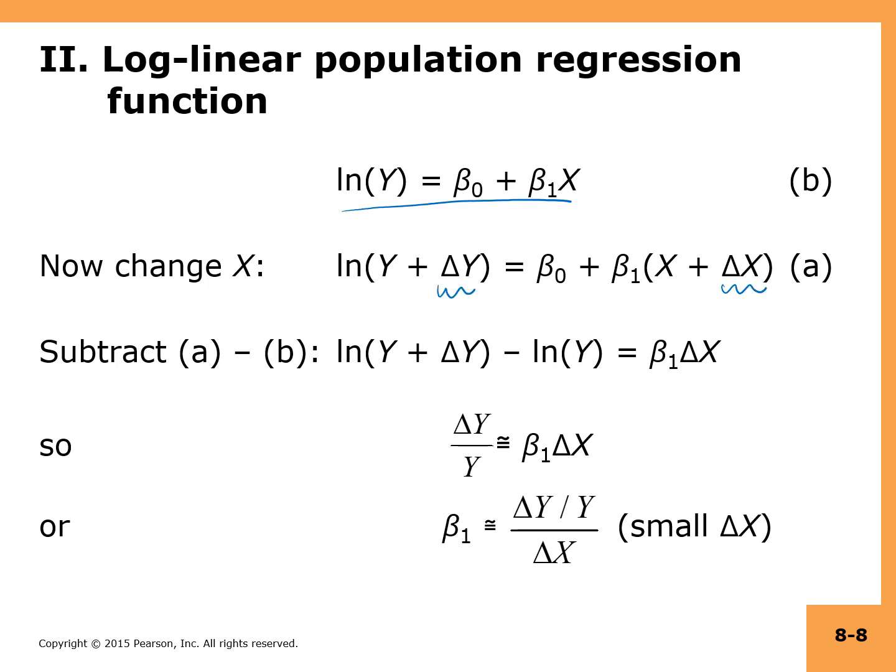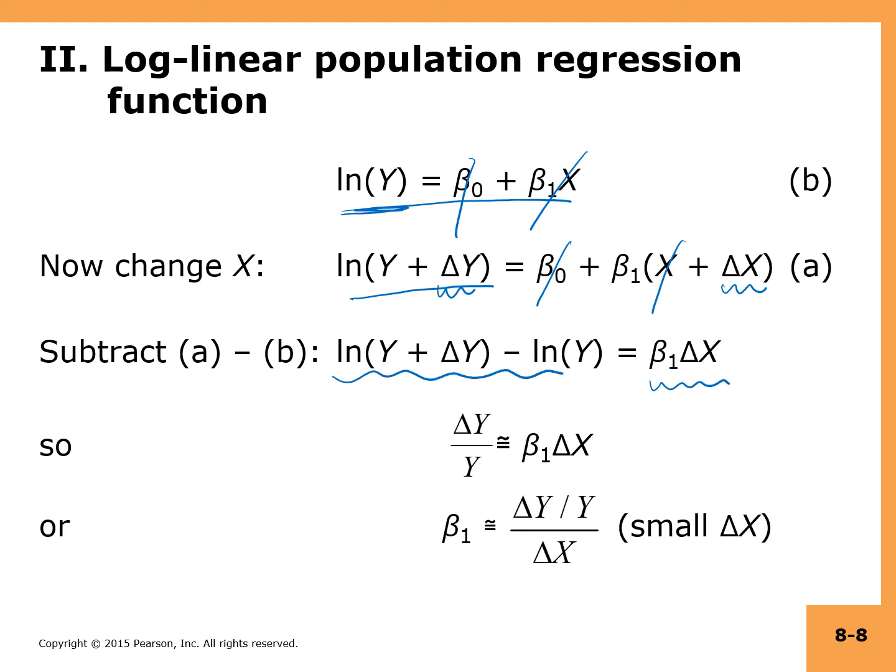As we've shown in the previous case, we subtract the basic model from the change model. On the left-hand side, this gives us log of y plus change in y minus log of y. On the right-hand side, beta 0 cancels out and beta 1 x cancels out, so all you have left is beta 1 times change in x.